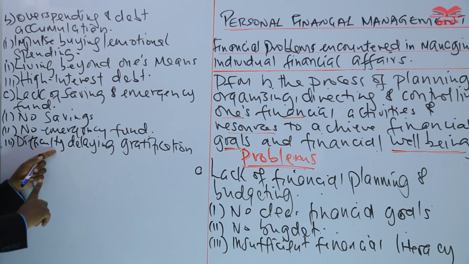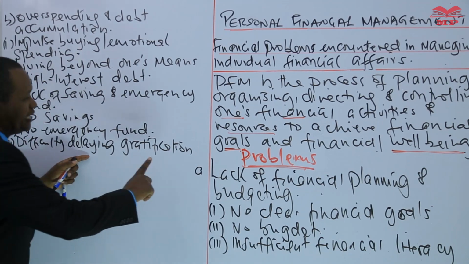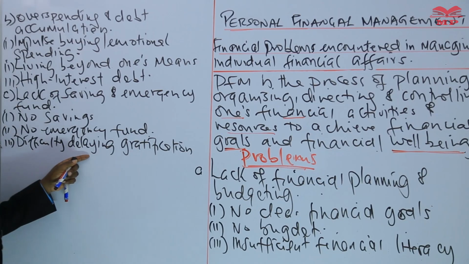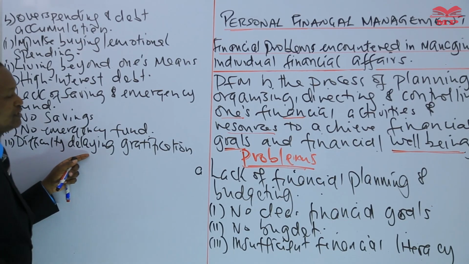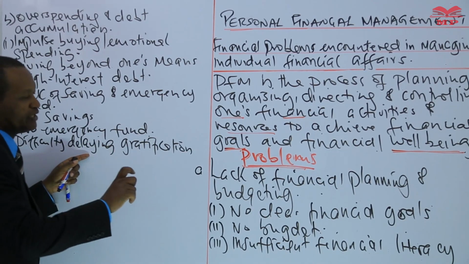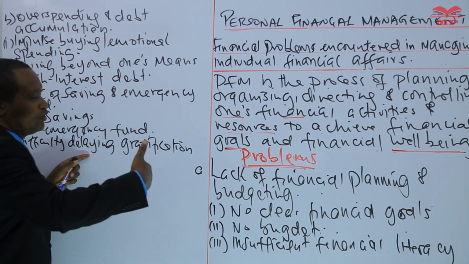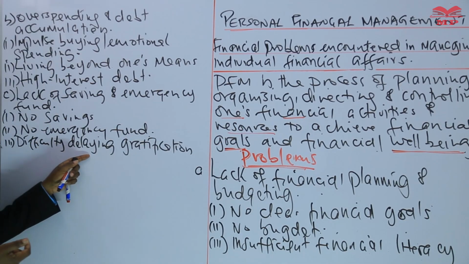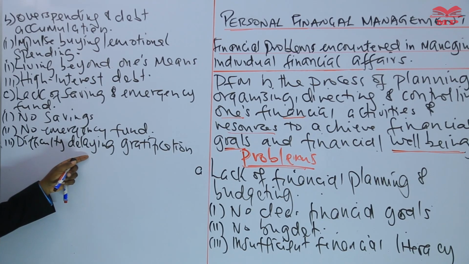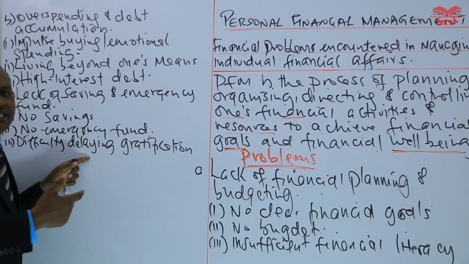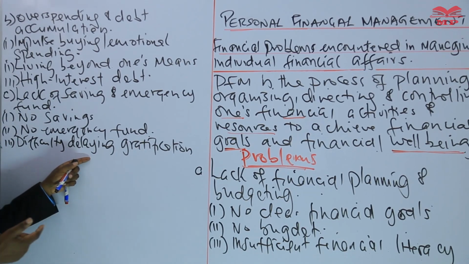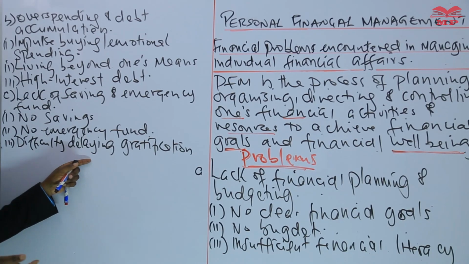So there are individuals who have a difficulty in delaying gratification, and that would mean that such individuals spend all the money today at the expense of saving for tomorrow. It means prioritizing immediate needs, today's wants, over future financial security.